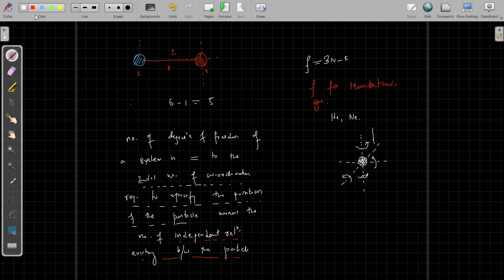It can go this way, it can come this way, in all directions it can go. Therefore its degrees of freedom F would be 3 into 1. Is there any relation? There is no relation among the points. So that means it is 3 degrees of freedom.